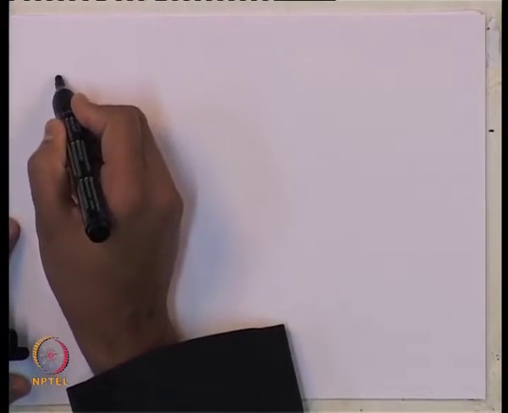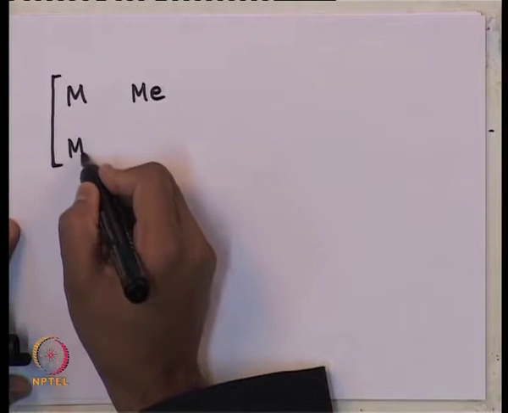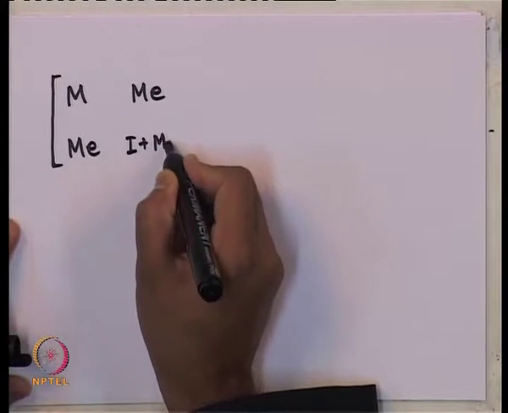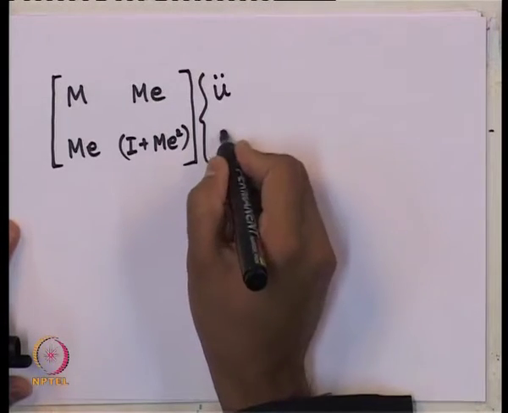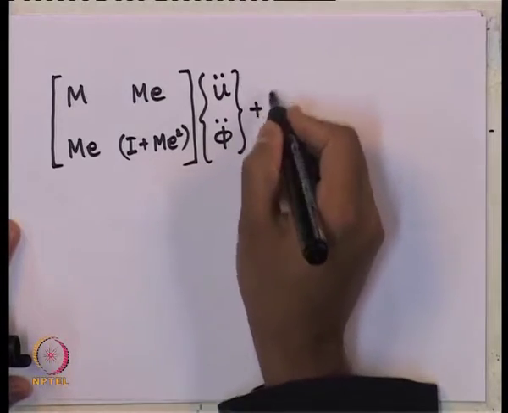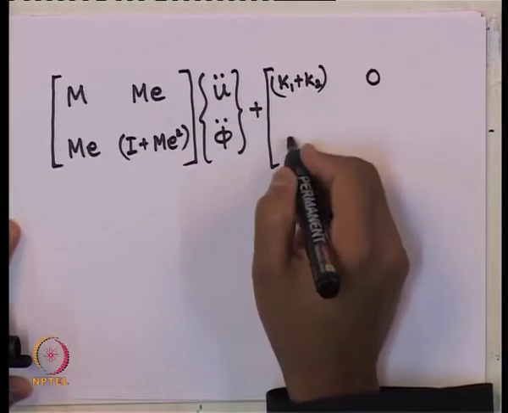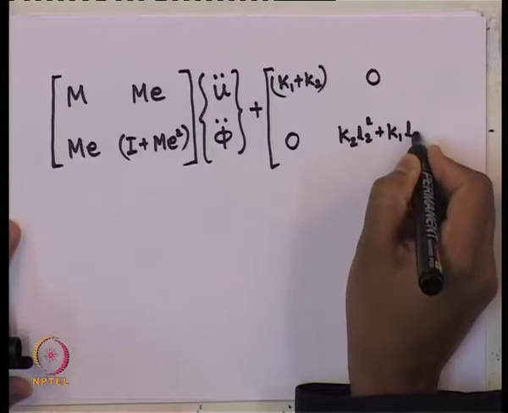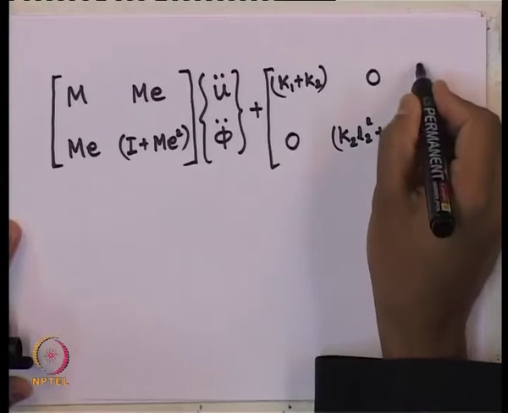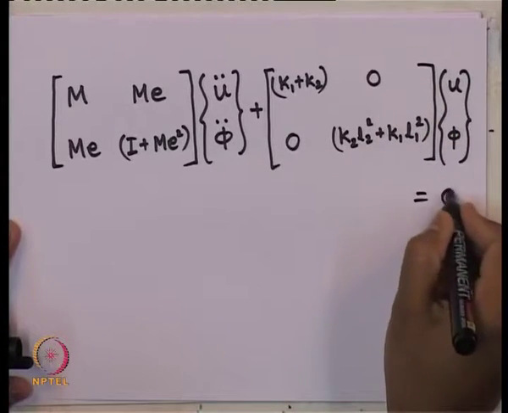The matrix is: [m, m e; m e, I plus m e square] times [u double dot, phi double dot] plus [k1 plus k2, 0; 0, k2 L2 square plus k1 L1 square] times [u, phi] equals 0.